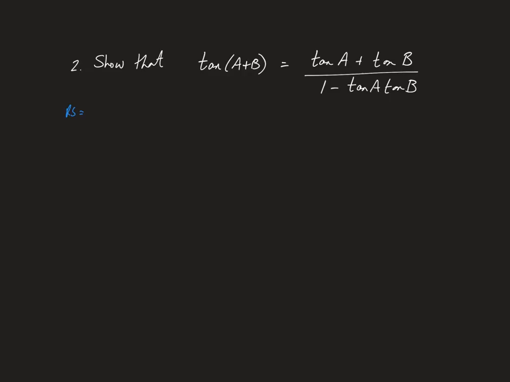So when I see the tan of A, I know that that could be written as sine A over cos A. Same thing with the tan of B, that would be a sine B over cos B. That would all be over 1 minus, and I can make the same substitutions on the bottom. Notice I'm subbing in on brackets on the bottom because I see that I would have multiplication between my tan A and my tan B.